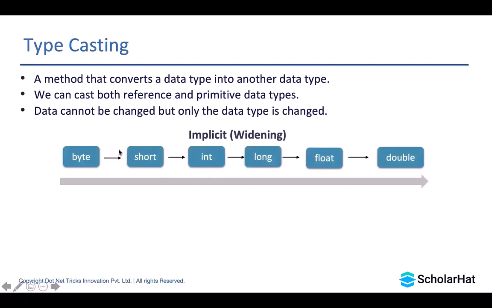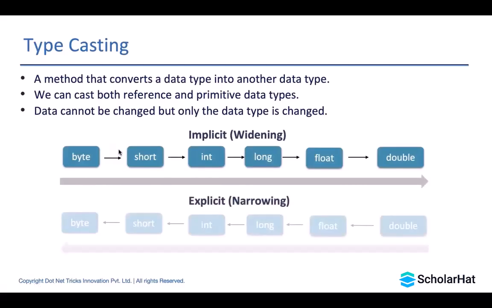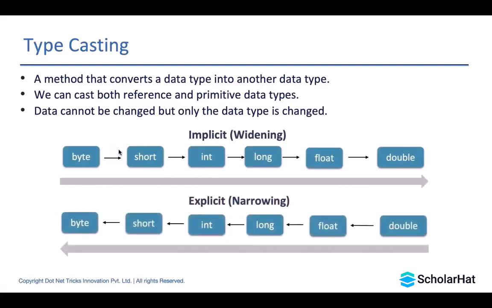As I discussed, there are two types of typecasting, implicit and explicit. Implicit casting is also known as widening because step by step the type of the data gets extended. In the case of explicit, it's narrowing because step by step the type of the data gets shortened. We can see here the data is going from byte to short to integer to long to float and double.